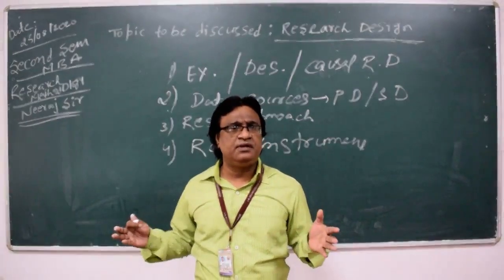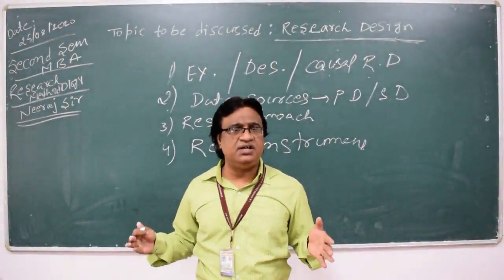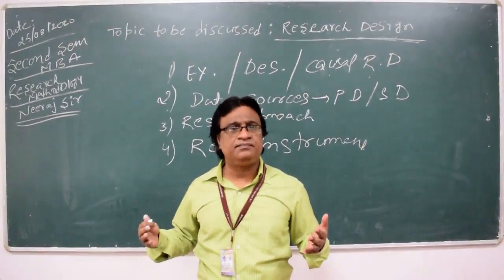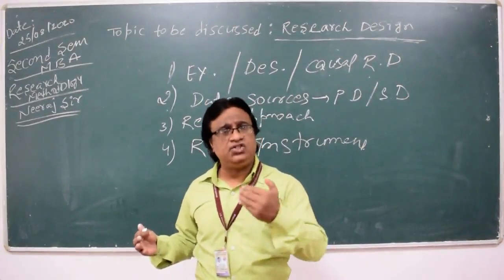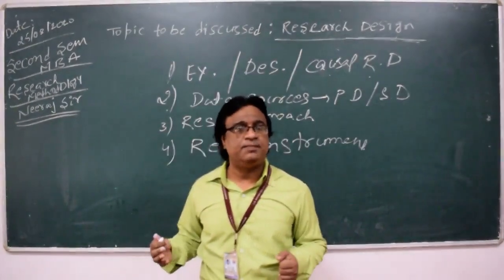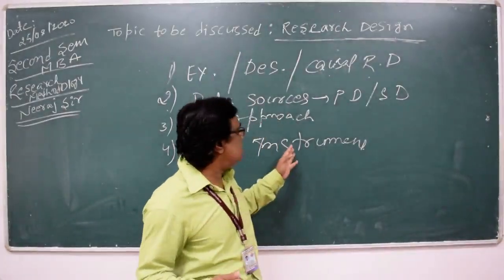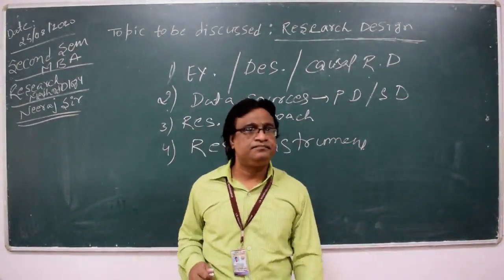What type of instruments we devise as the researcher naturally depends upon the nature of the research and the kind of information in which we might be interested. So in research instruments, we have to devise various instruments to collect primary data.